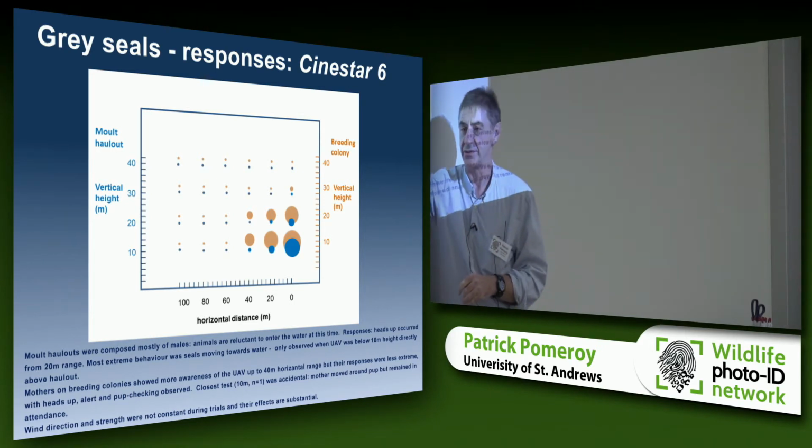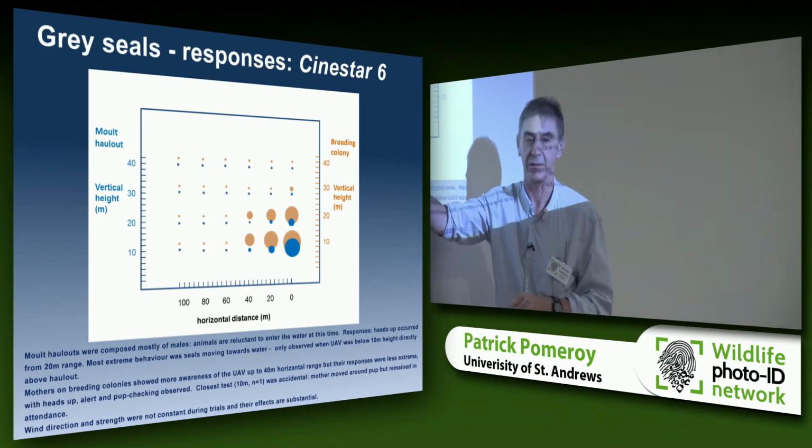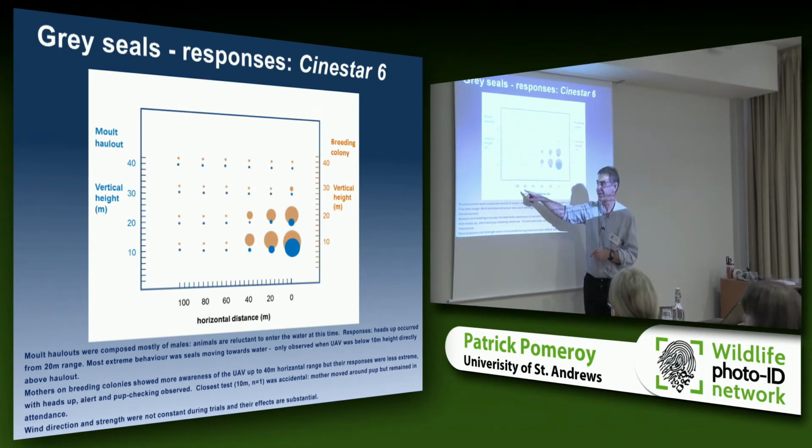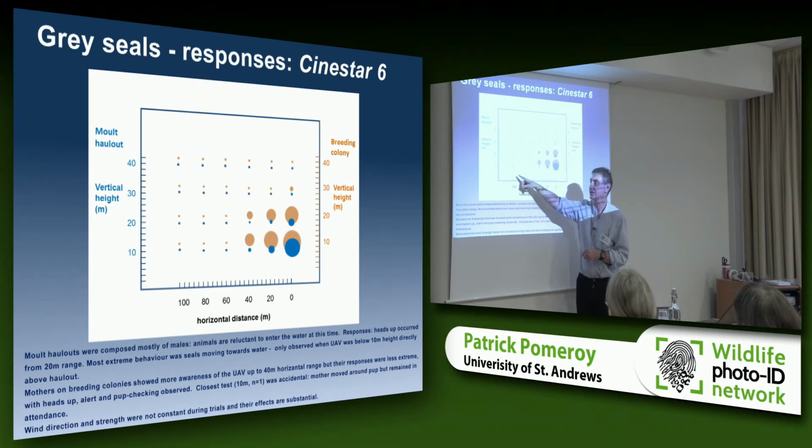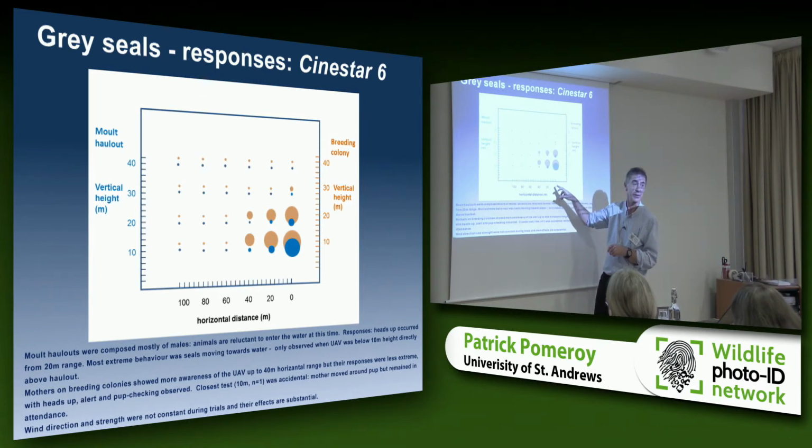Along the bottom is a scale which represents the distance of the UAV away from the seals. At 100 meters there's virtually no reaction to the presence of the aircraft, and as you get closer and closer the reaction increases.